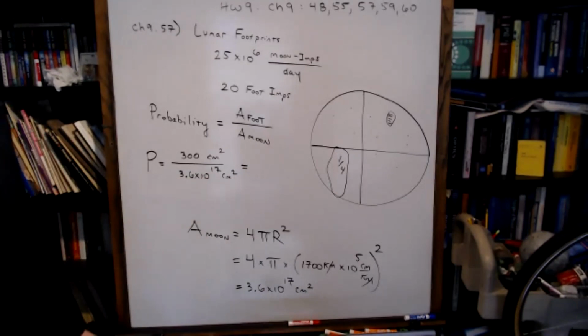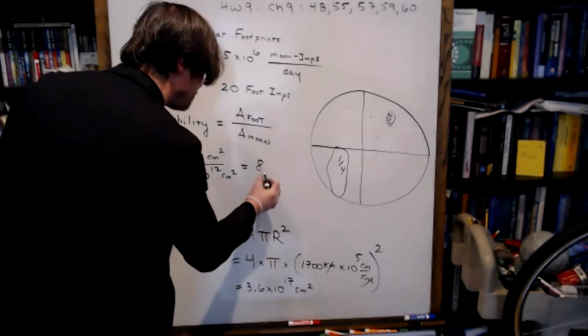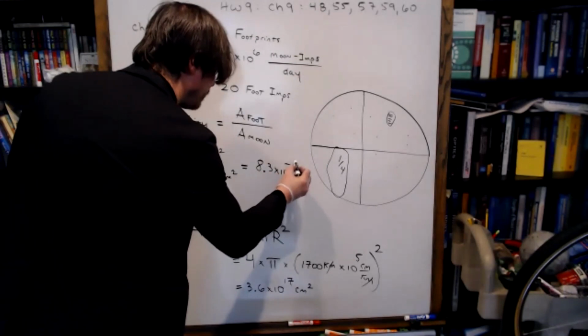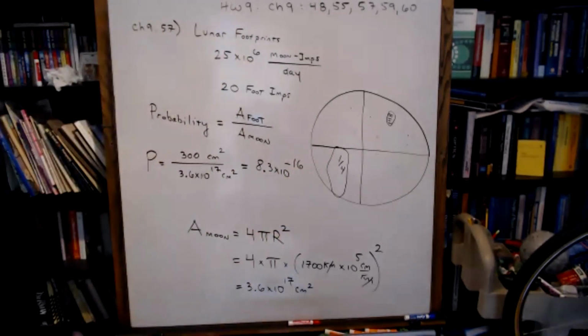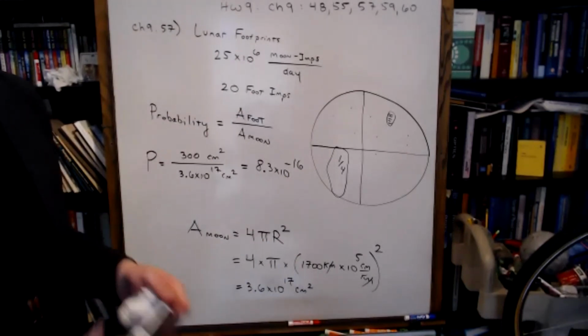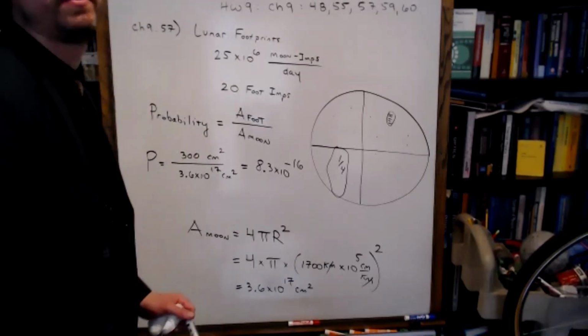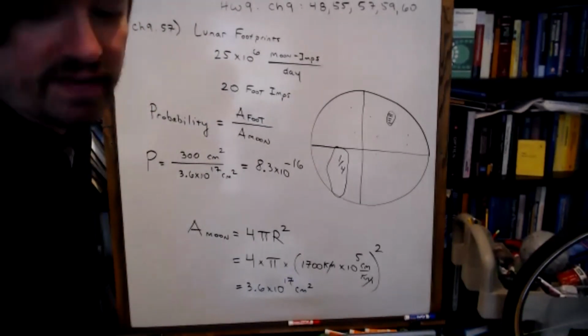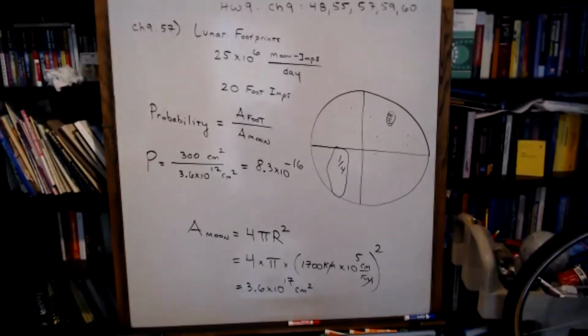What's that give us? 8.3 times 10 to the negative 16. What are the units, Kayla? I don't think there would be units. No, there aren't units. What does it mean? What's the meaning of 8.3 times 10 to the minus 16, students? What's the meaning of that number?